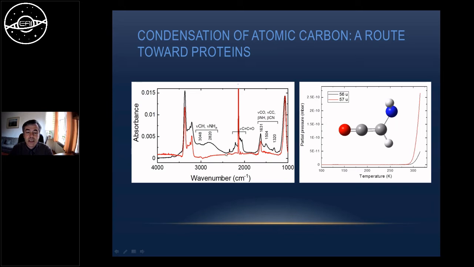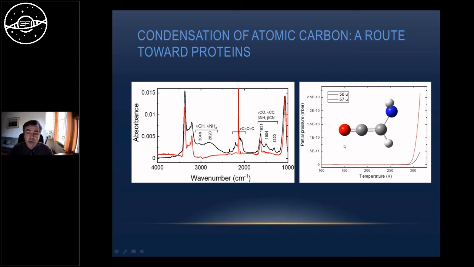As you may see, the addition of carbon atoms led to the appearance of a number of new absorption bands, which shows that the reaction proceeded at 10 K, and we have the formation of new functional groups like CCO, CC, CN. Considering the presence of these functional groups and the initial reactants, we could only conclude the formation of aminoketene at 10 K.